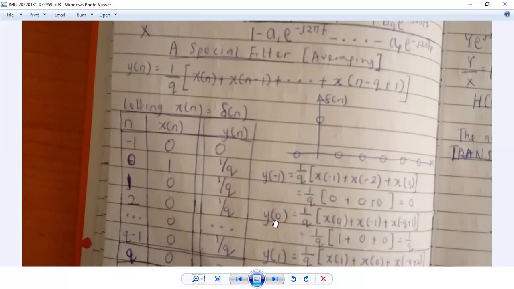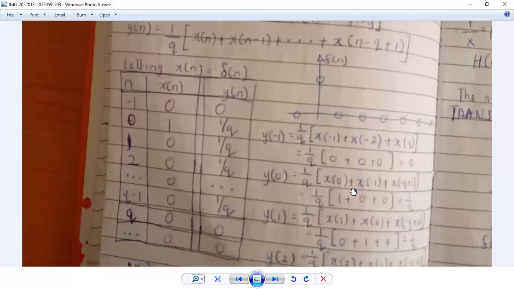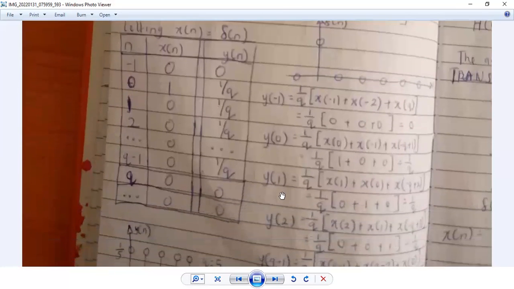At n equal to 0, you just plug in 0, 0, and 0 here. So you have this equation. It only has an impulse at n equal to 0, so you just have 1 here. The others are 0, so it is equal to 1 over q. At n equal to 1, we plug in the values, and it's only 1 at x of 0.